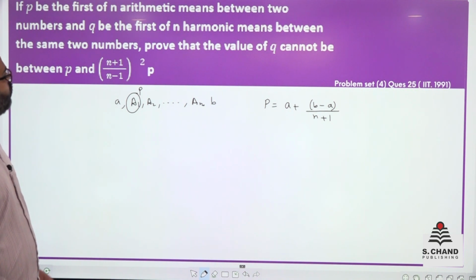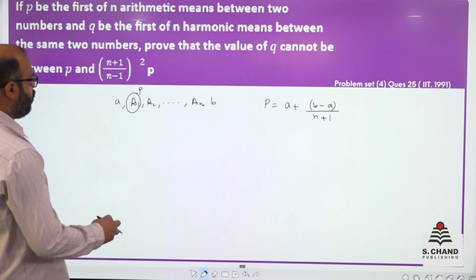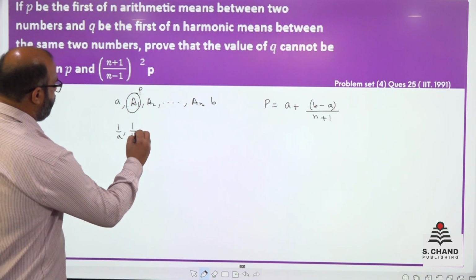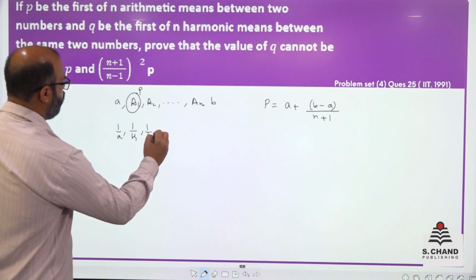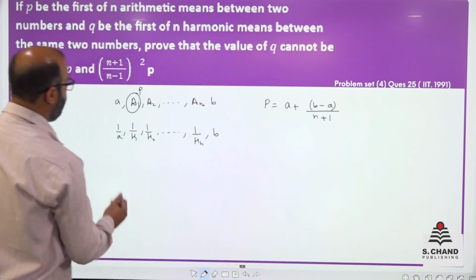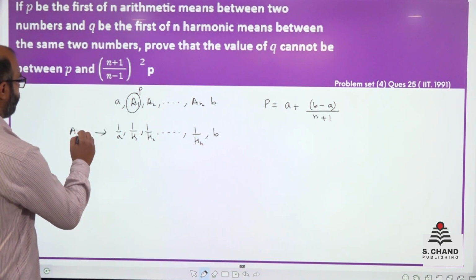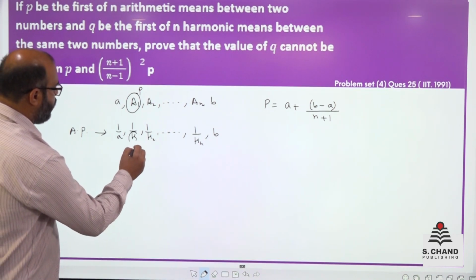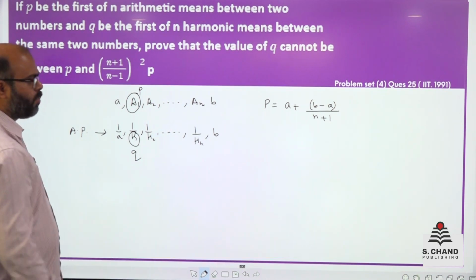Similarly, if you take harmonic means, Q will be the first harmonic mean. So for harmonic means, what will you do? 1 by A, 1 by H1, 1 by H2, ..., 1 by Hn, 1 by B are in arithmetic progression. The reciprocals are in arithmetic progression. Then this H1 is called the harmonic mean.